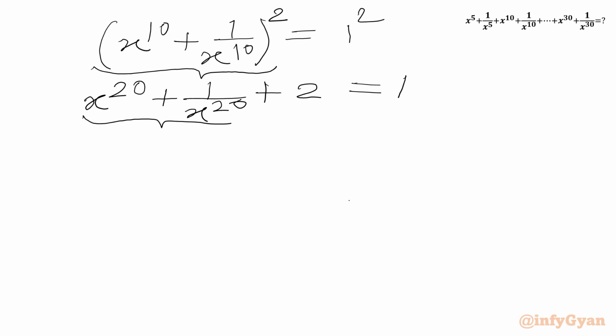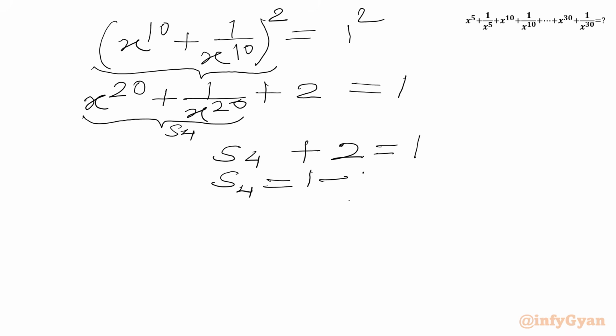This is our S4. So we can write here S4 plus 2 equal to 1. S4 will be equal to 1 minus 2. So we can write S4 will be negative 1.